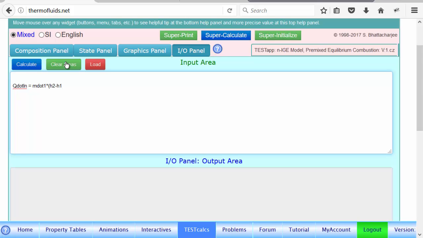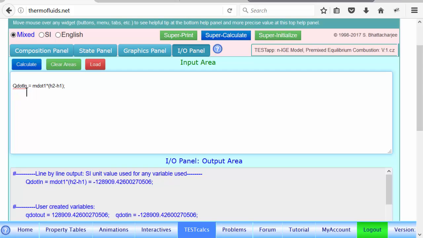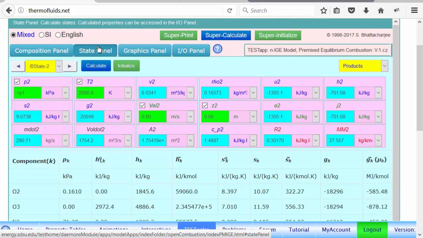Suppose we're heating the combustion chamber, then this difference will be the amount of heat that we are putting in. If it's really the adiabatic flame temperature, there is no heating going on, and Q dot in should be 0. But look, Q dot in is negative. That means heat is coming out of the combustion chamber, which means we are cooling instead of heating, because the flame temperature that we assumed is a little bit too low.